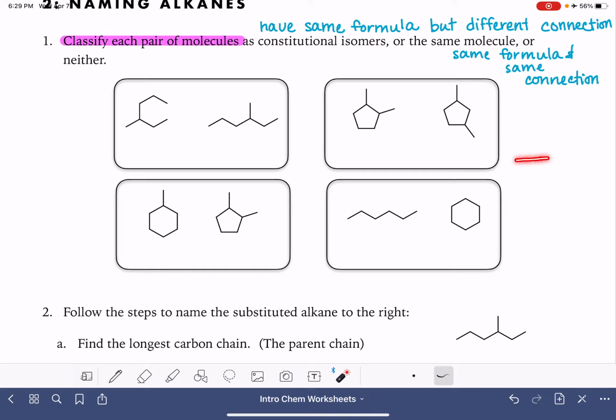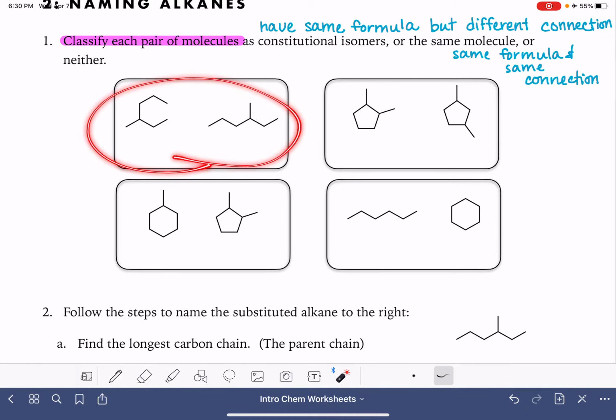So if we have 5 carbon atoms that are connected and drawn horizontally versus 5 carbon atoms that are connected and drawn vertically, those two representations would be of the exact same molecule. So the way that we choose to draw them means nothing when we're comparing the two structures to each other. All that we're looking at really is the order of the atoms in terms of their connectivity.